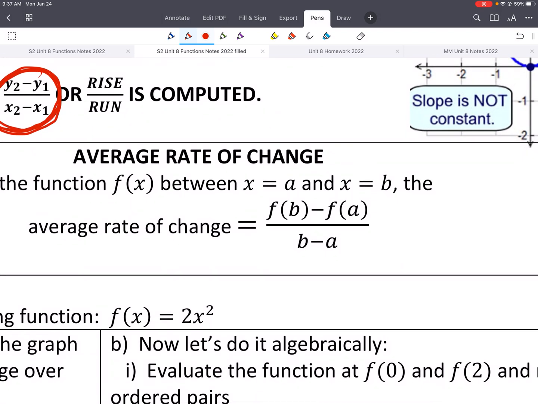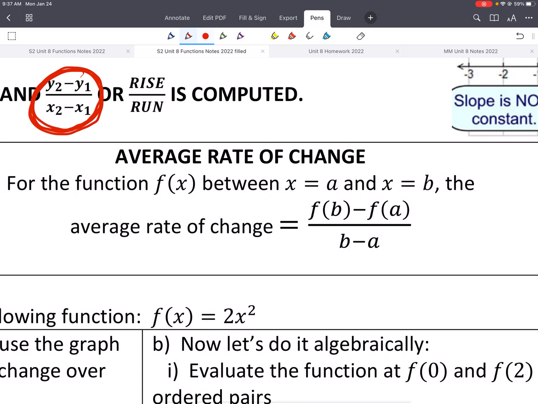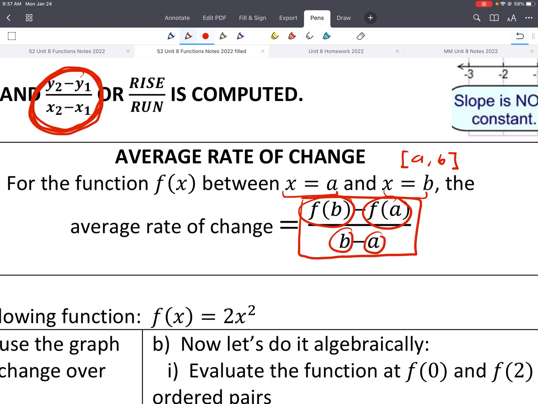Basically they're saying for the function f of x between this interval, and you'll also see it written a comma b, the interval between a and b, find the average rate of change. And this is the same as y2 minus y1 over x2 minus x1. So maybe I'll even write that here.